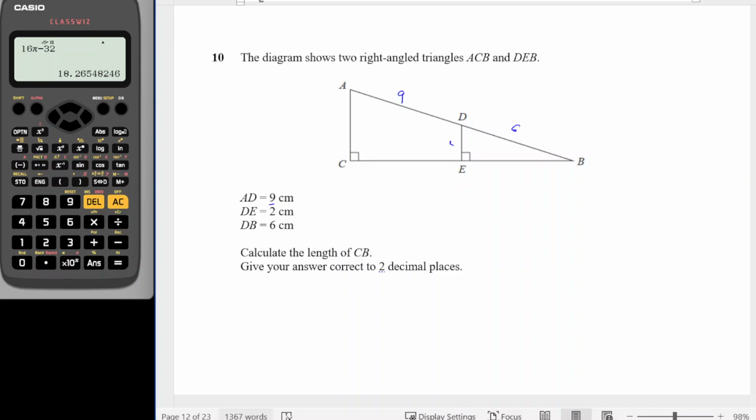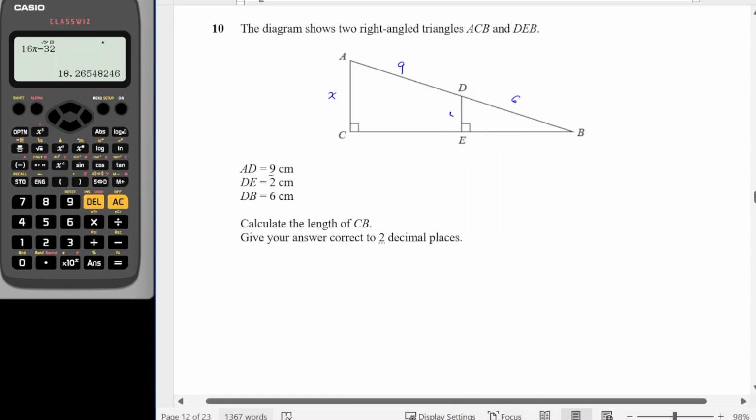Let me just double check in my head that I've done all of that correctly. 9 is A to D, D to E is 2, D to B is 6. Okay, so I want to work out this length first of all, and I'm going to use similar shapes and a bit of Pythagoras.